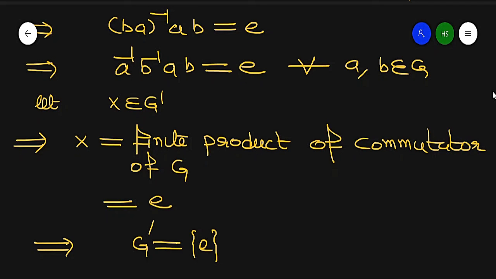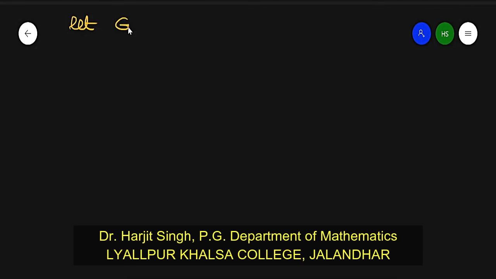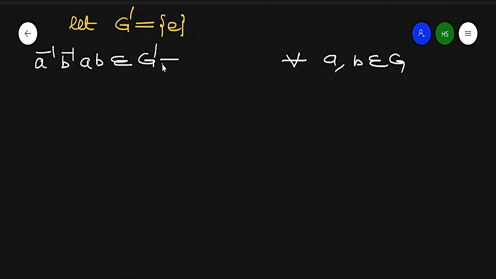Now the converse part. In the converse part, the given is: let G dash consist only of the identity element. As we know, the commutator a inverse b inverse ab belongs to G dash for every a, b belongs to G. What is its value? It is only the identity element.